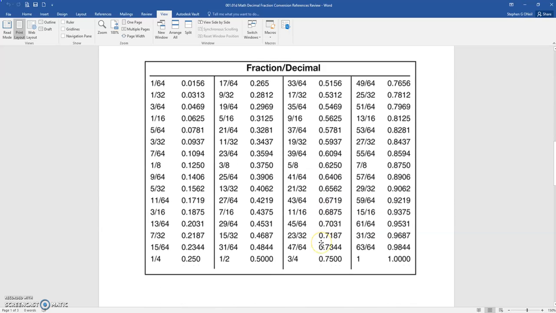The second page to that same doc is just a broken down fraction to decimal chart that doesn't include anything other than 64th increments all the way from 0 to 1. And these are the typical values. You're seldom going to go into anything any finer, certainly not in here, and even in industry.